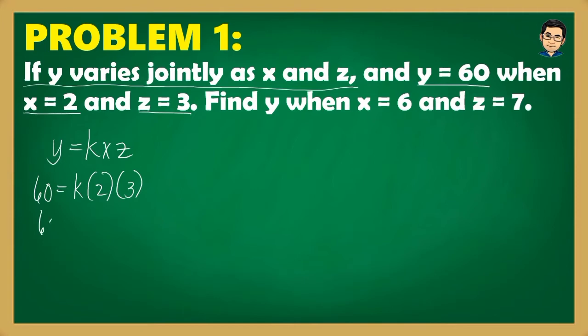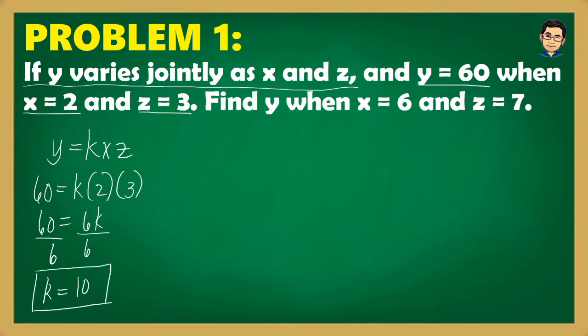So, 60 is equal to k times 2, that is 2k, times 3, that is 6k. And then, we divide both sides by 6. So, the value of k is 60 divided by 6, 10. So, k is equal to 10.